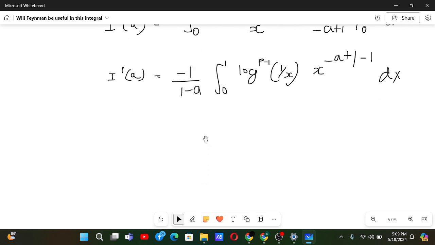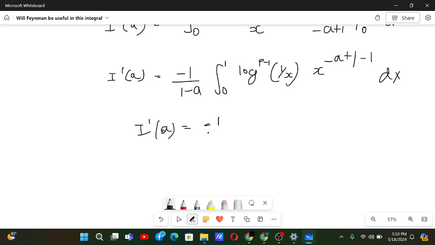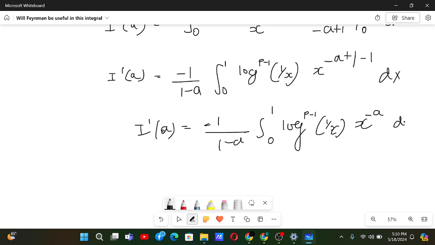So now I dash of a is equal to minus 1 by 1 minus a times the integral from 0 to 1 of log to the power p minus 1 of 1 by x, and this is x to the power minus a dx.